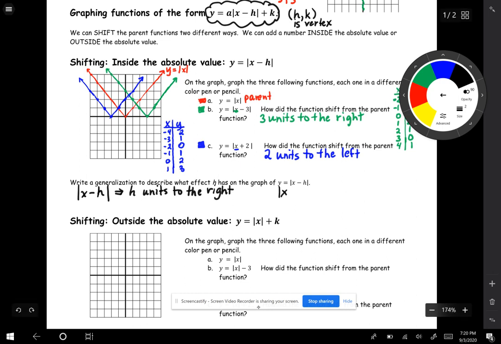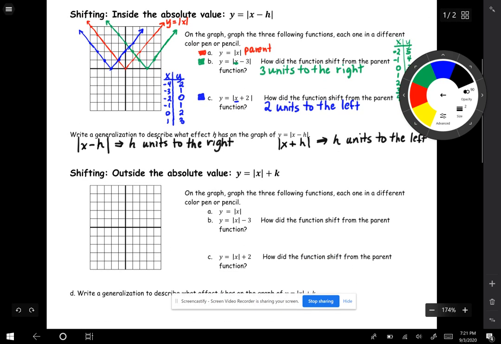If you have x plus h, like we did in the blue graph, you move to the left h units. H is just a number, right? So in part C, the 2 was the h, and in part B, it was 3, sorry, my bad, 3 units.